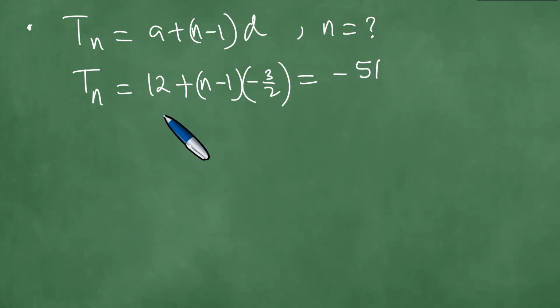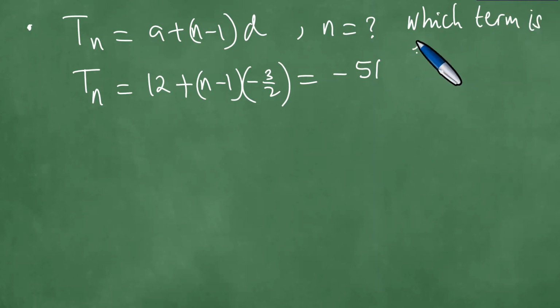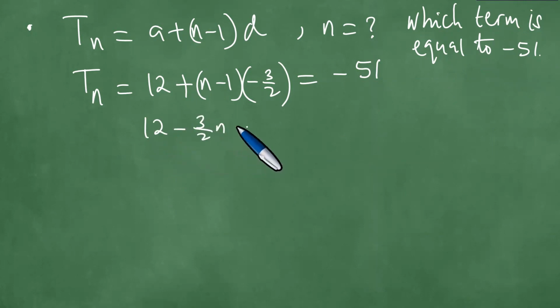Now we are answering the question: which term is equal to minus 51? This is the same as 12 minus 3 over 2n plus 3 over 2 equals minus 51.